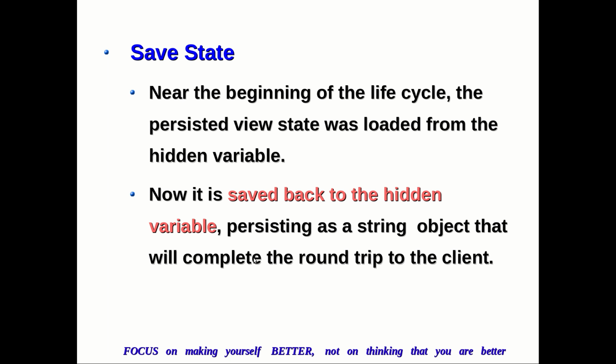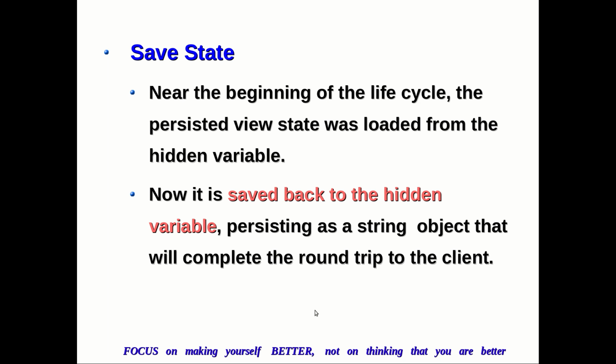See what happens when you place the request: the client request will go as an HTML page, and by that time all the view state values will be loaded. Then when the server is recreating the HTML page, all these hidden variable values must be saved back to the newly created HTML page.